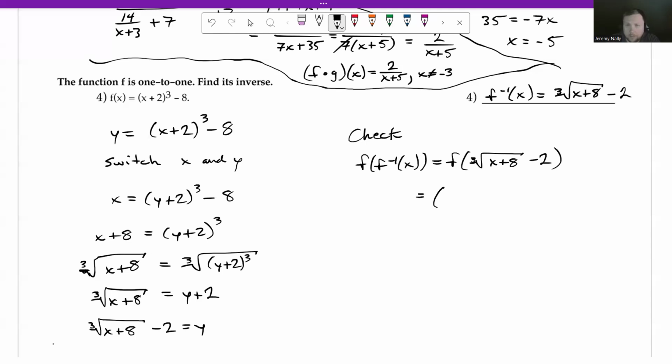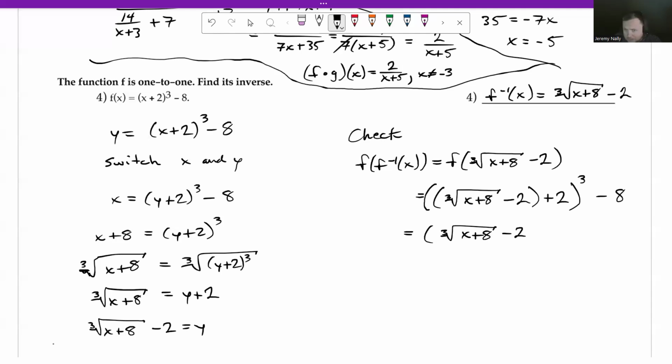So then we have the cube root of x plus 8 minus 2. So then all of that is having 2 added to it, then it's being cubed, and then we're subtracting 8. So let's work through all those layers.